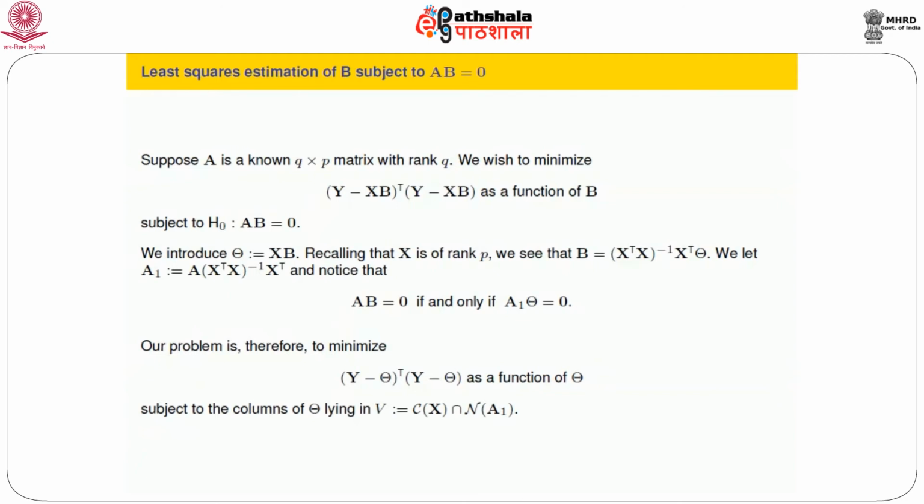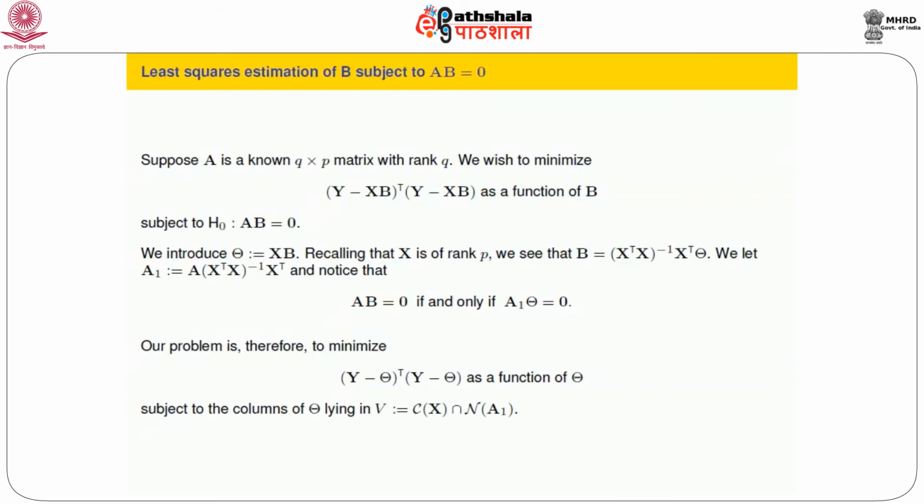So let's see now what we are minimizing. We are minimizing this quantity as a function of B. We are transforming it to a problem of minimization as a function of Theta. So I write here trace of (Y minus Theta) transpose (Y minus Theta). And what is the property of Theta? First of all, A1 Theta is equal to 0, which means the columns of Theta, each pre-multiplied by A1, give me the 0 vector, which means each column of Theta will be an element of the null space of the matrix A1.